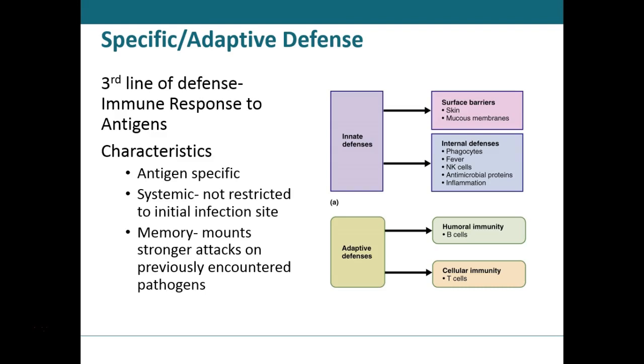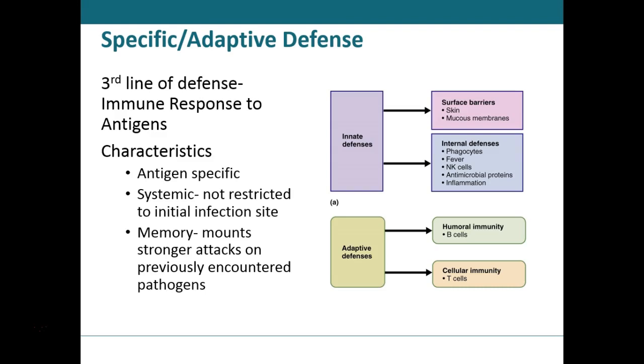So for most previously encountered antigens, there is a memory of what the immune system did to destroy that pathogen. And then on the second encounter with the same antigens on the same pathogen, we have an even more rapid and effective immune response. And a lot of times that gives us what we call immunity. So we don't get sick or as sick in that second encounter.